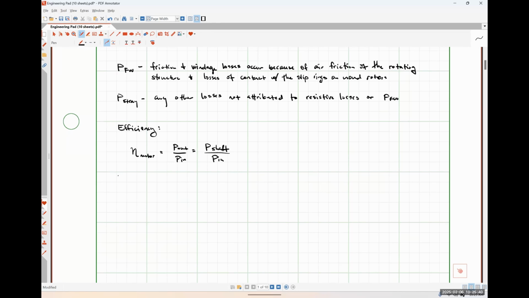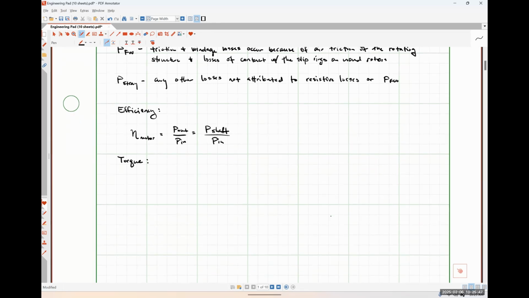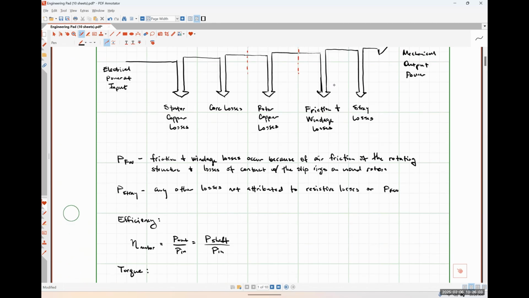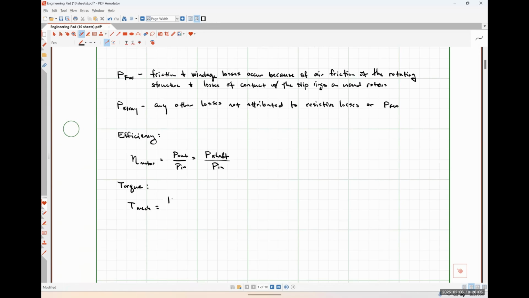And then while we're at it, very quickly, we can have some torque relationships. So the mechanical torque developed, that's effectively the torque developed at this point in our system before we have any friction and windage losses and things like that, is going to be our mechanical power, Pmech, over our rotor speed.